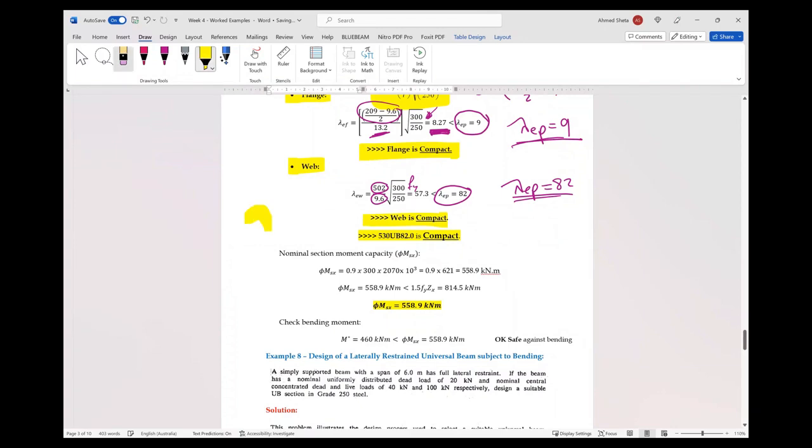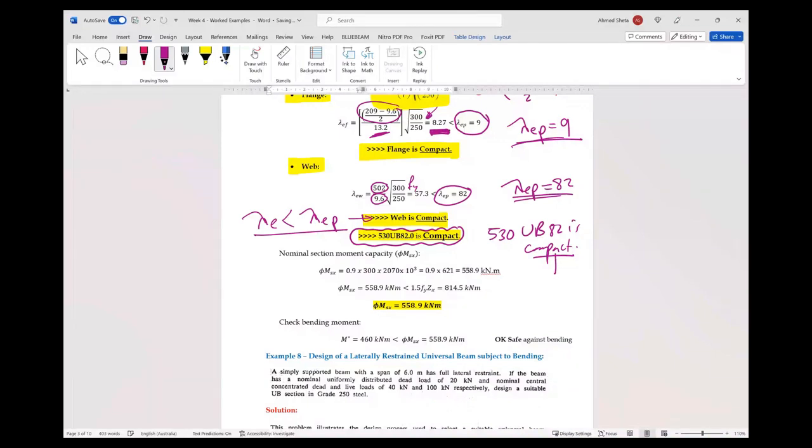In the design equations, if lambda E is less than lambda E plastic, the web is compact. So this means that our section is compact. So 530 UB 82 is a compact section.